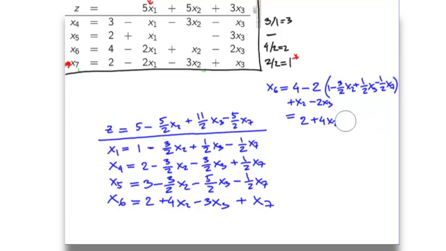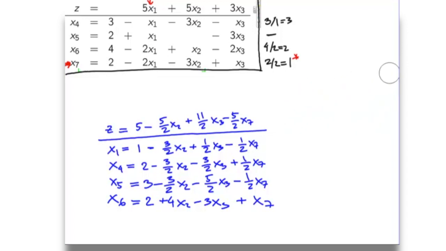So we finished computing the new dictionary. We can see that in this dictionary the variable that was previously non-basic, which is x1, is now basic. Okay, so now x1 is among the basic variables, and then the x7 variable, which used to be basic, is now among the non-basic variables. All right, so and again, to get the corresponding basic feasible solution, all we need to do is to set the non-basic variables to 0.